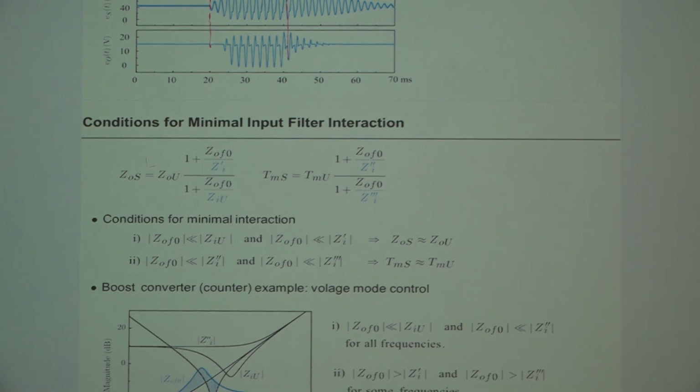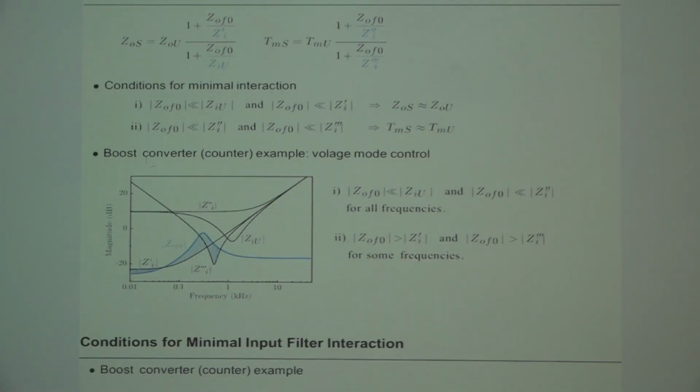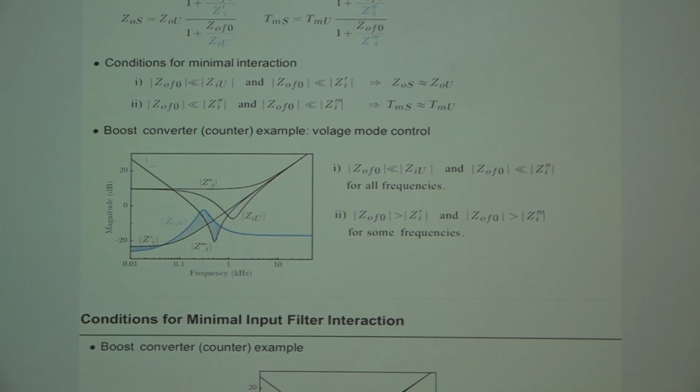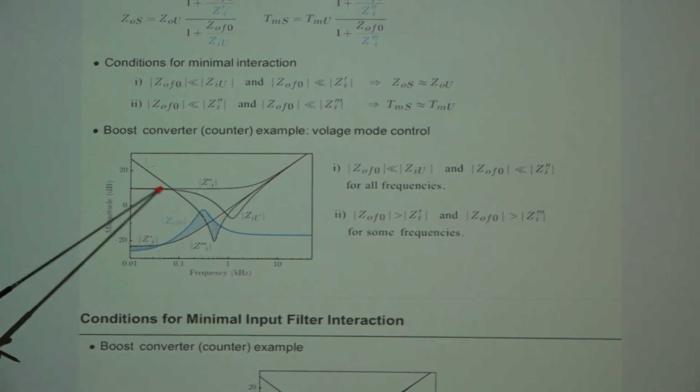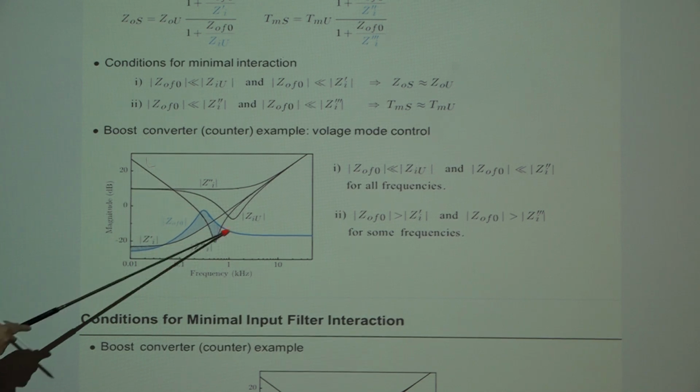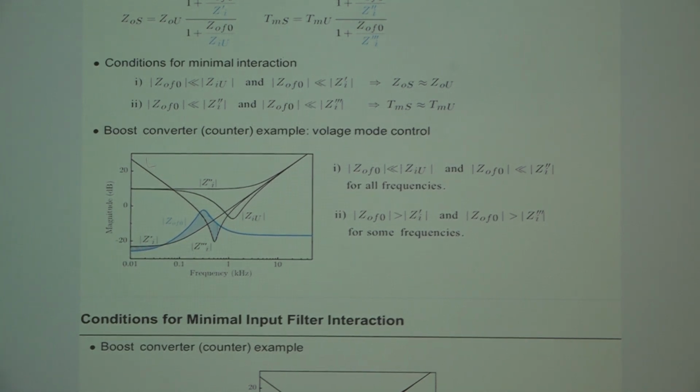So for the typical voltage mode control, the general shape of the input impedance is like this. This is the G_I double prime, and this is G_IU, okay? And this is the G_I prime, and the G_I triple prime, G_I prime, okay?